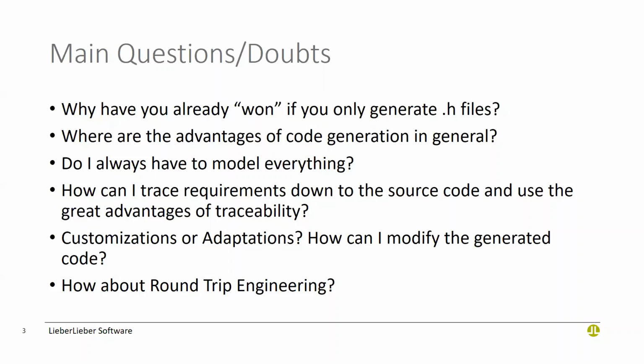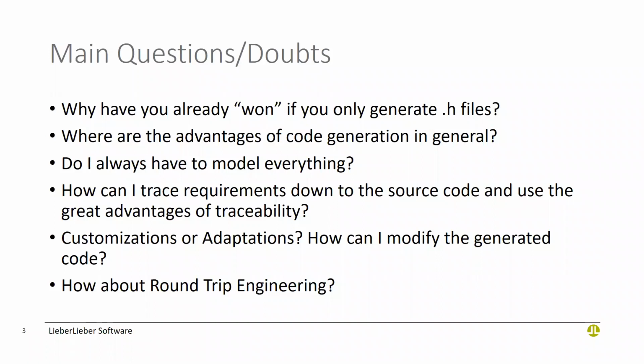The first thing is we want to show you the most simplistic way of generating code that also already provides a big value. It's just to generate H files from interfaces from your model mixed up with traceability information to requirements.